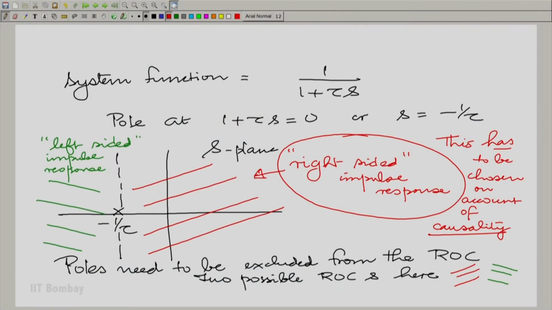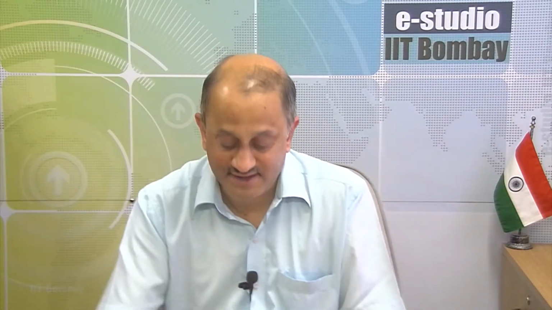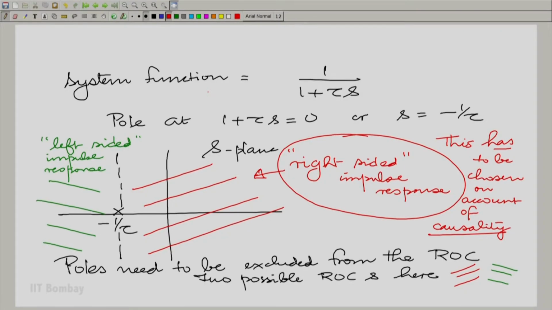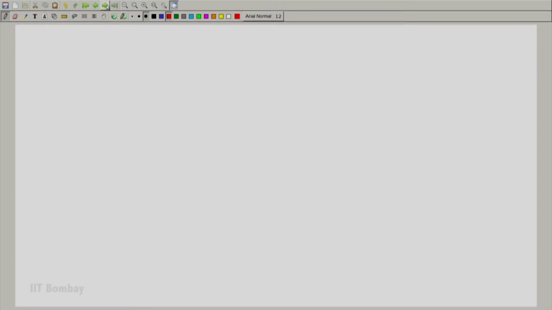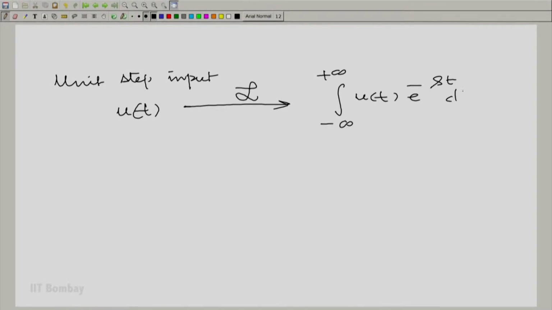Now, having chosen that, let us give a unit step input to this system. So, this is the system function here. We have made this choice. This is the ROC now, and let us give it a unit step input. That means we are giving it u of t as the input, and the Laplace transform of u of t is very simple.